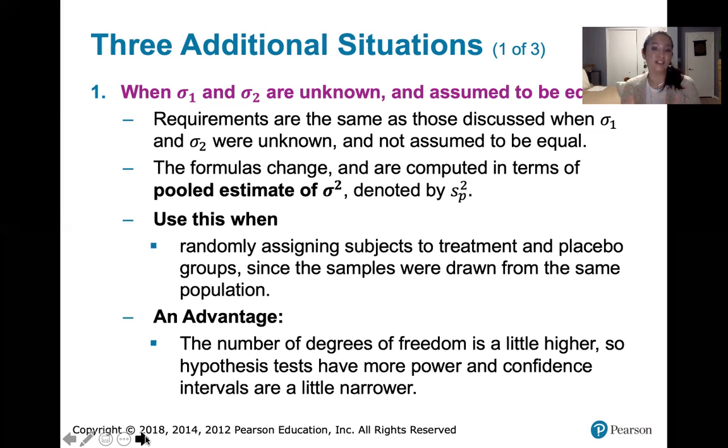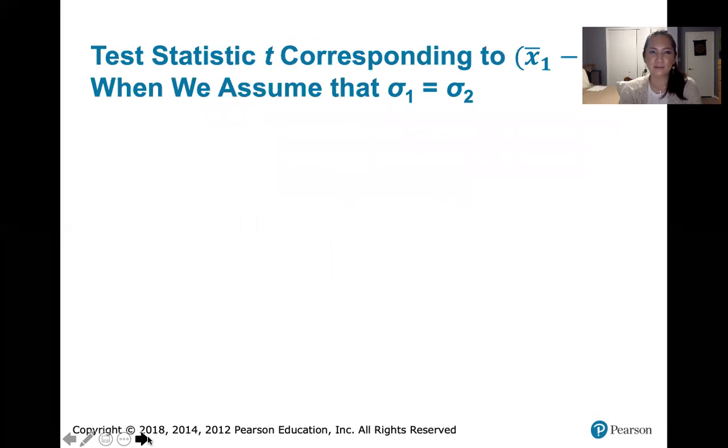That margin of error is smaller. So it gets us closer to that true value of what we're trying to estimate, but it's only appropriate, if it is appropriate, to assume that the population standard deviations are equal to each other.